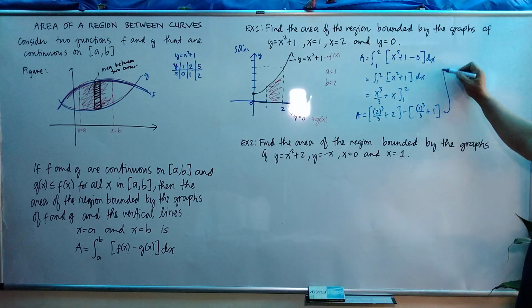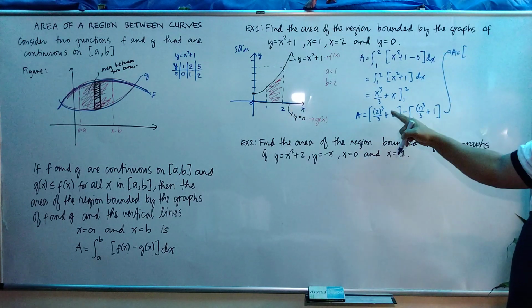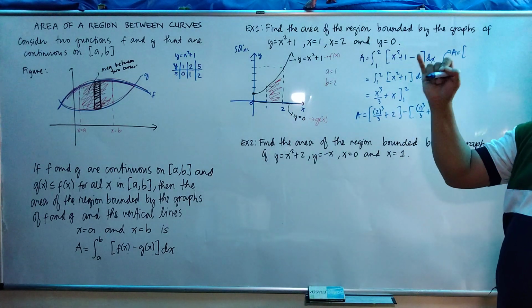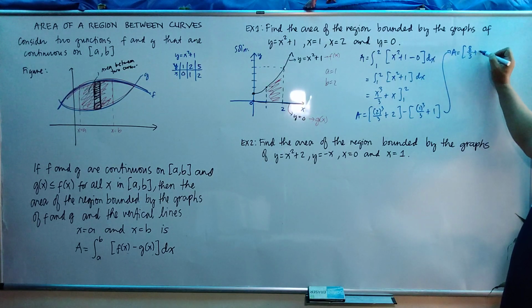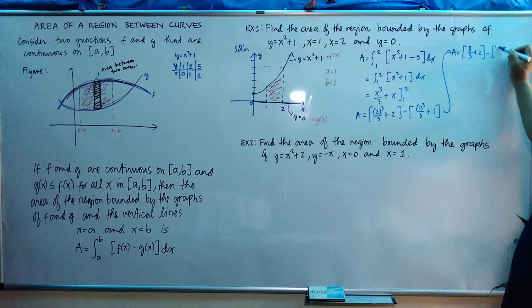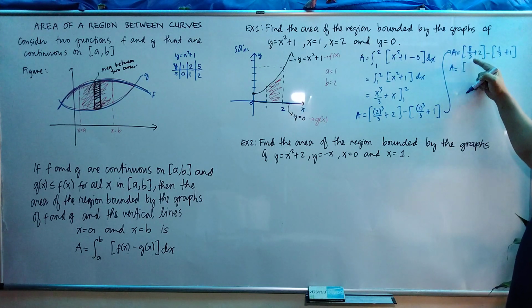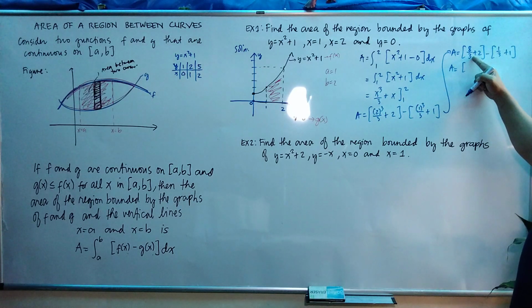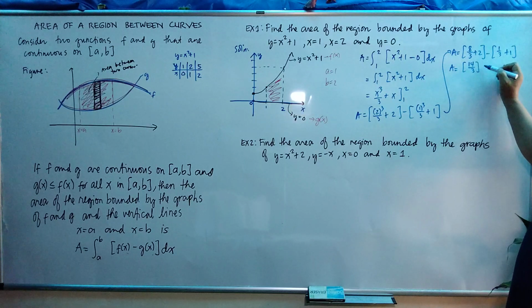What is 2 cubed? That is 2 times 2 times 2, that is 8. 8 over 3, plus 2, minus 1 cubed over 3 plus 1. What is 8 over 3 plus 2? 3 times 2 is 6, plus 8, you have 14 over 3.